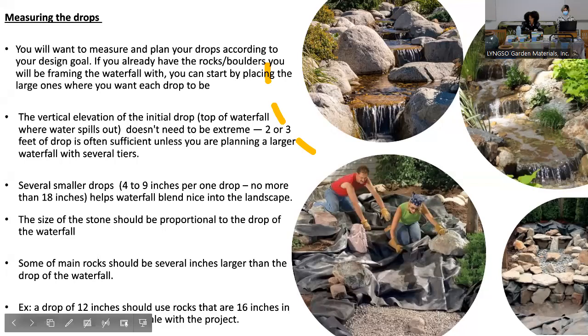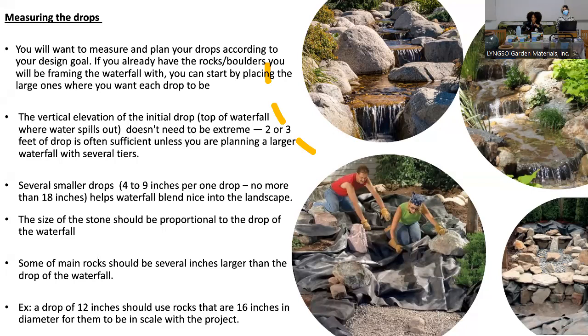So when you're measuring the drops of a waterfall, you want to plan them according to your design goal. You can start by placing the large ones where you want each drop to be. The vertical elevation of the initial drop, where the water completely starts at the top of the waterfall, usually doesn't need to be extreme, usually just 2 or 3 feet of drop, unless you're planning a very big, tall, or larger waterfall.